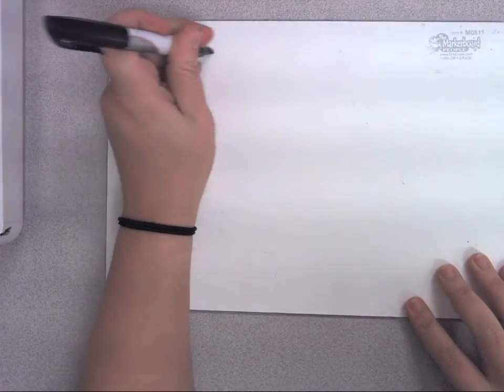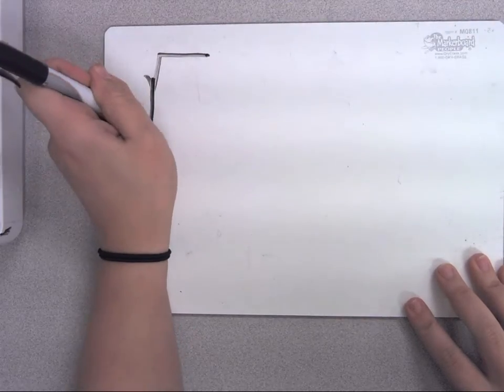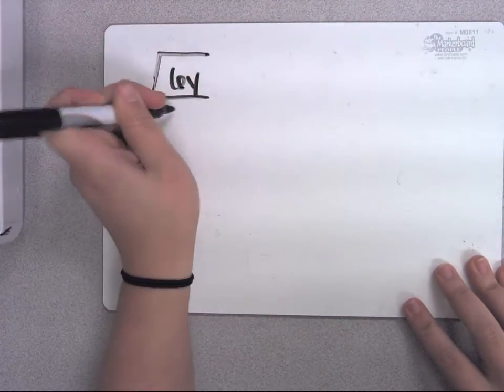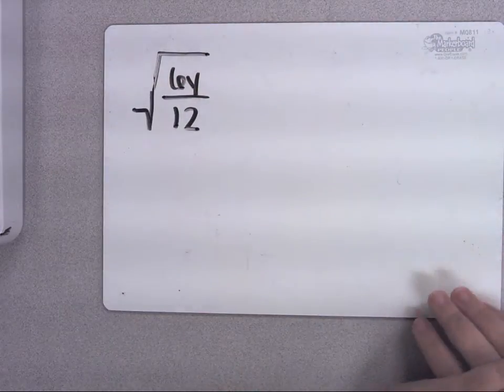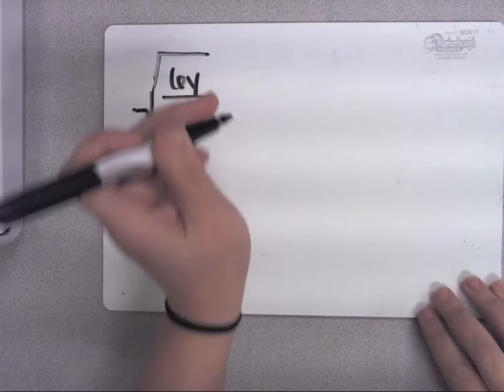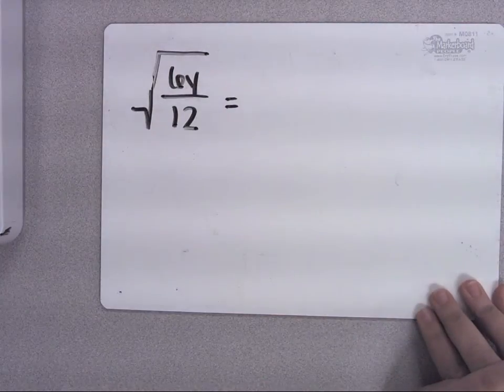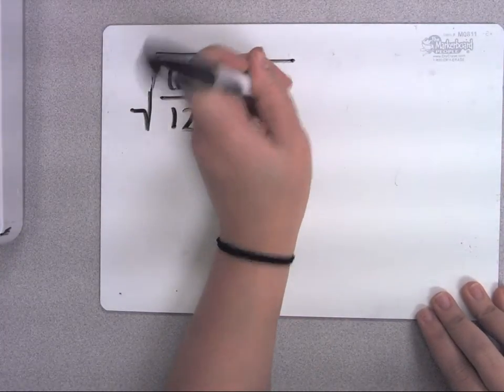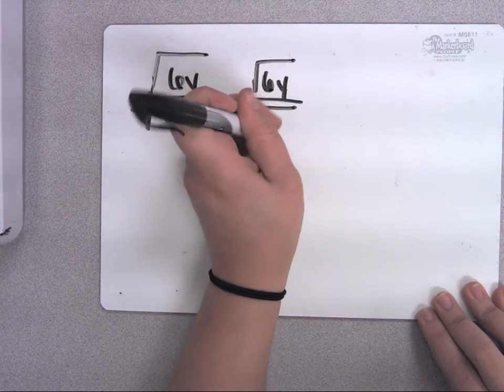Okay. How about easier numbers, but throw something at you? How about the square root of 6y over 12? Can we break this up? Square root of 6y over the square root of 12.